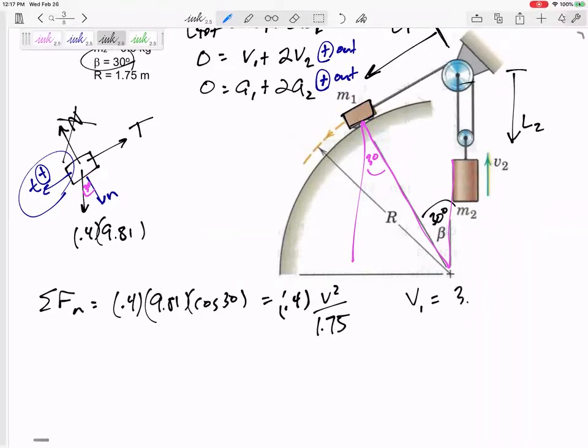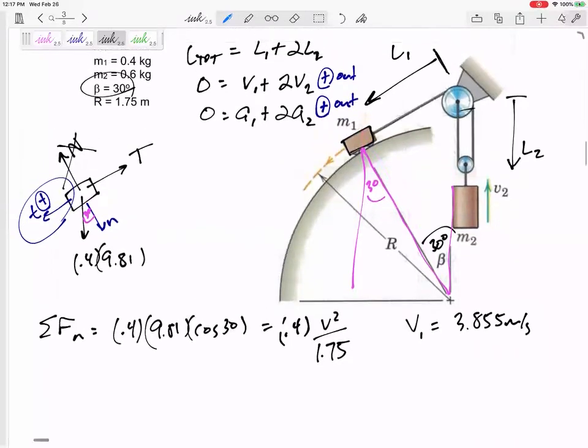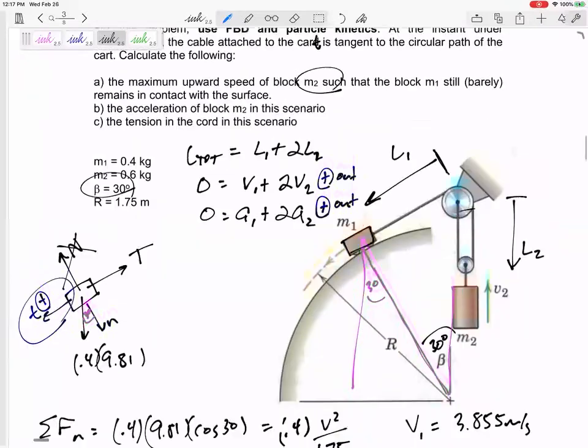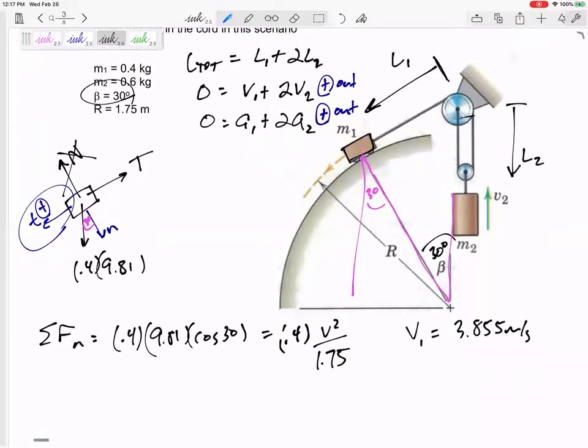Velocity is 3.855. Is that what it asked for? It didn't ask for the velocity of block 1, it asked for the velocity of block 2. If block 1 is 3.855, block 2, I could put negative, because if I plug it into that equation, I would get negative 1.928.